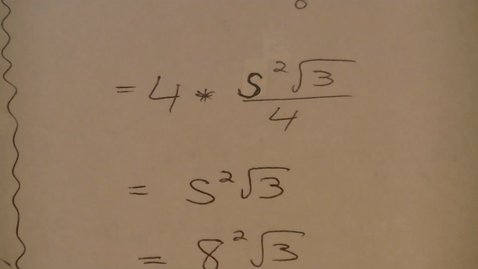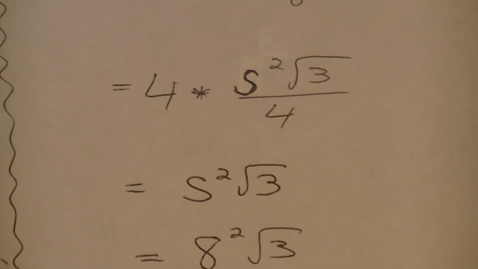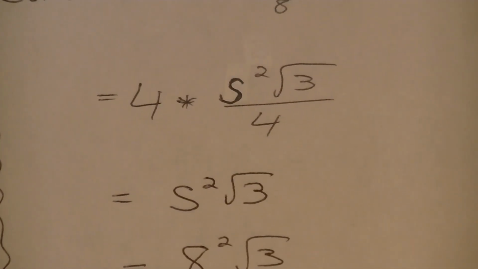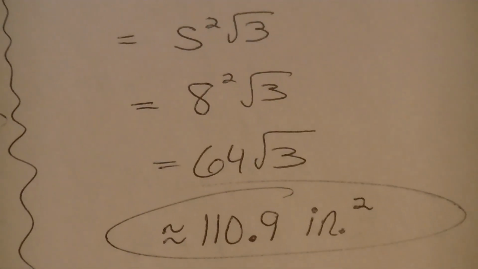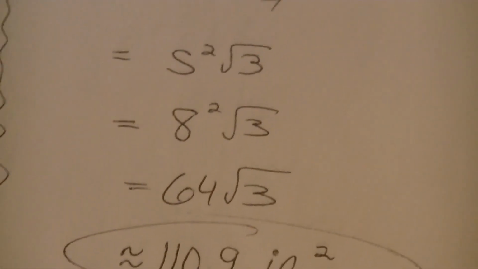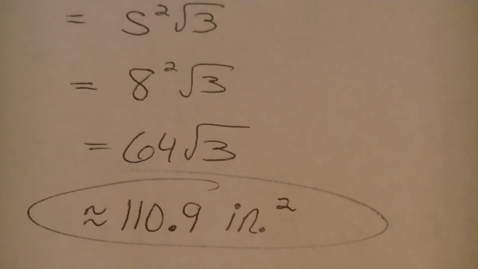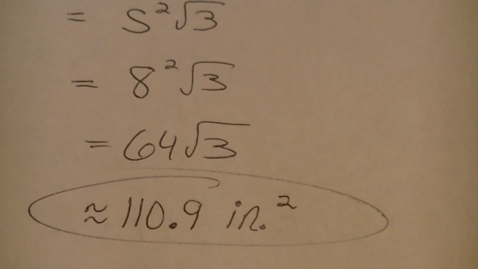It's just s squared √3. That's a formula for a regular tetrahedron surface area, s squared √3. So you fill in your 8 and you get 64 √3. Same answer we had over here, 64 √3, or 110.9 inches squared. All right, good luck with your assignment.